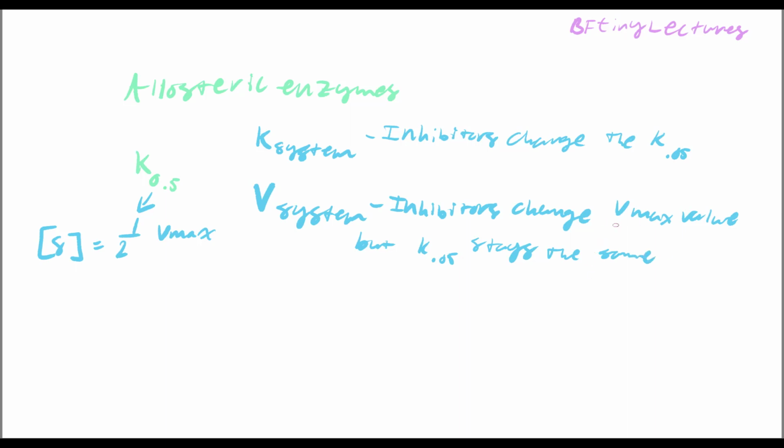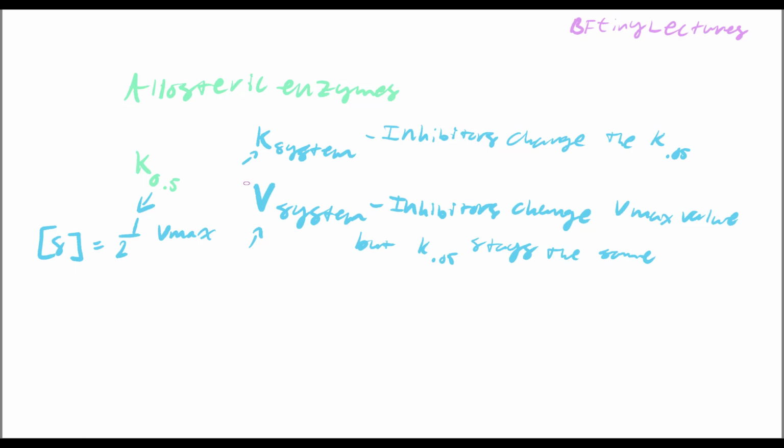So in the K system, there is a change of the substrate concentration whenever you have half the maximum velocity, but for the V system, the K0.5 value stays the same, so we still have 10 substrates, but the rate of the reaction is altered. Okay, so V system, the velocity changes, right? But the K system, the K value changes. Well, it could decrease or increase, but they are the ones that change.